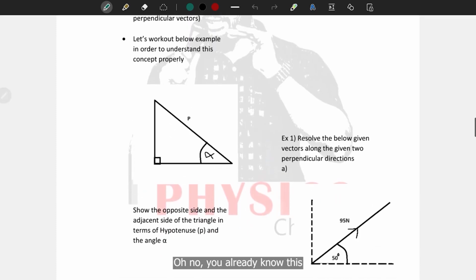Now you already know the simple trigonometric relationships sine, cos, and tan; they are not really new to you. I'm pretty sure you already know what these concepts are.